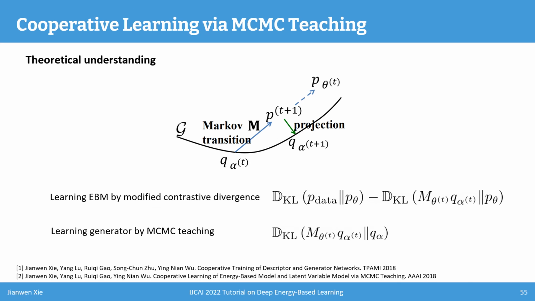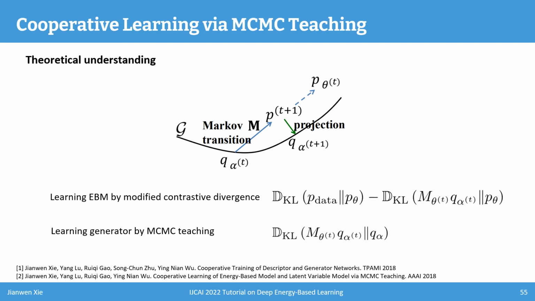In a cooperative learning algorithm, the part of learning of the EBM is modified contrastive divergence, and the part of learning the generator is MCMC teaching. In the traditional contrastive divergence, the Langevin dynamics starts from the observed training examples. In cooperative learning, the Langevin dynamics starts from the initial synthesized examples generated by the generator.